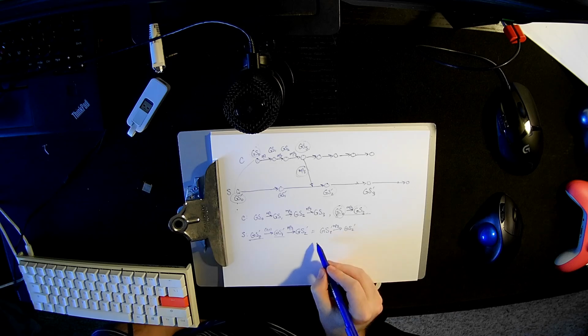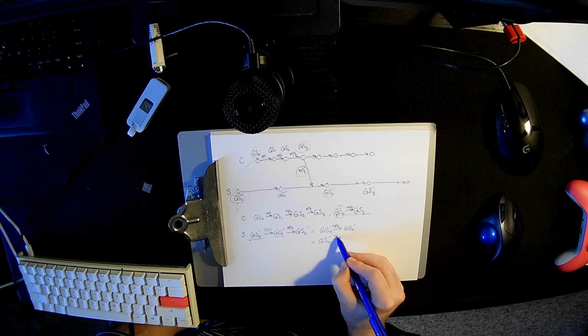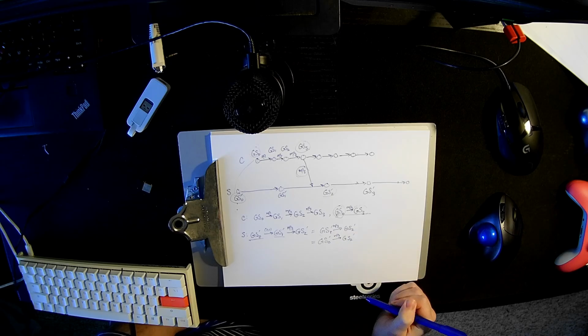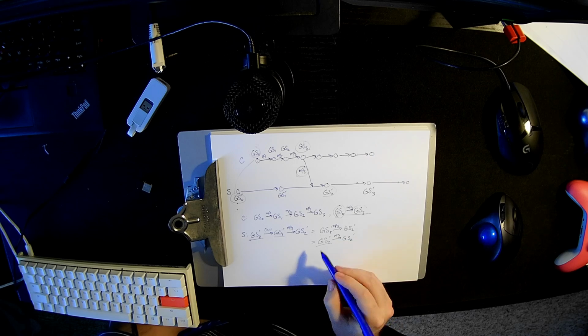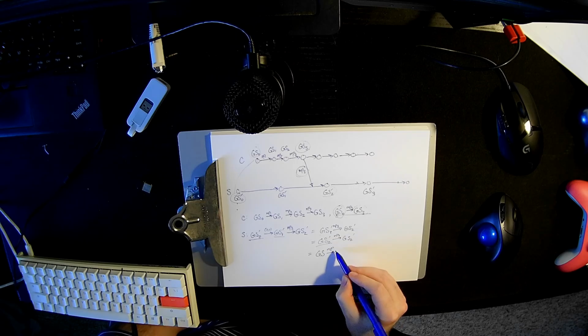GS1 is the same as GS0, so this is also the same as GS0 prime, MP3, GS2 prime. Because we know the client and the server start with the same initial state, so this is GS without the prime, I can replace that and get GS2 prime.